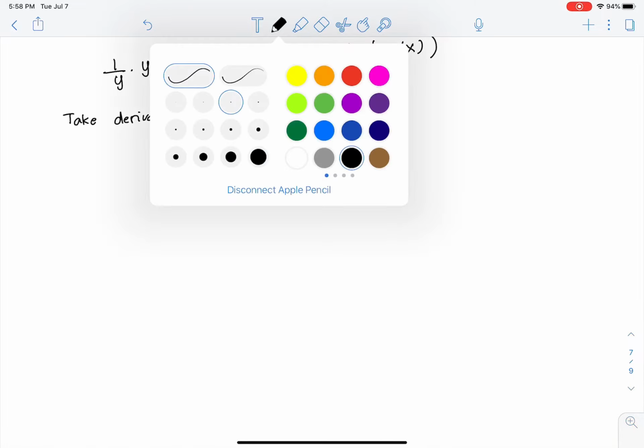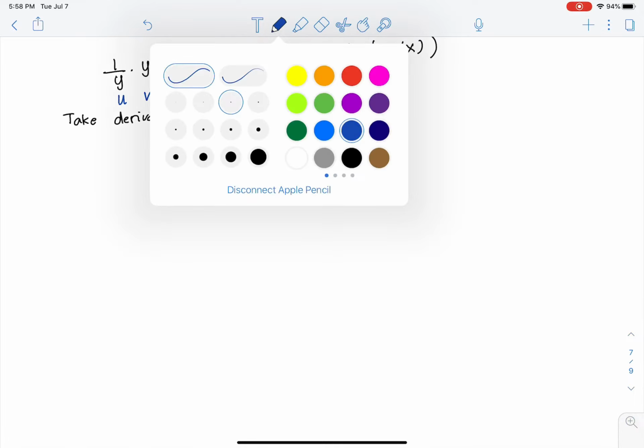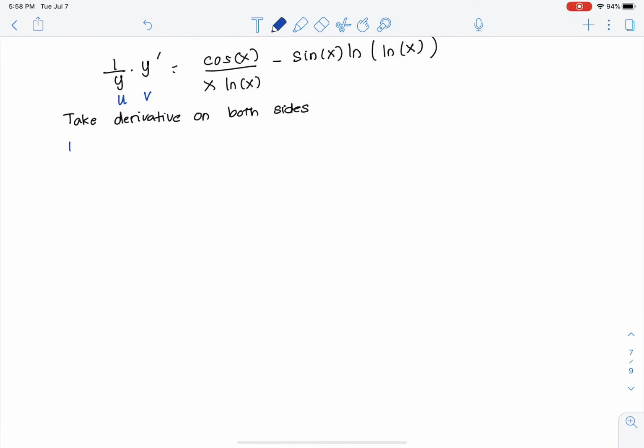The left-hand side, we have u and v. So u would become 1 over y, which is y raised negative 1. V is y prime. For u prime, we're going to treat y as x. So if we use the power rule of differentiation, we have negative y raised negative 2. But we have to realize that this is not just x, rather y.